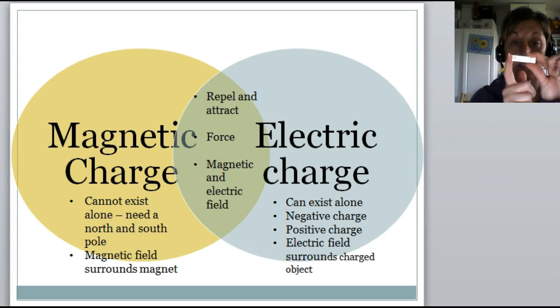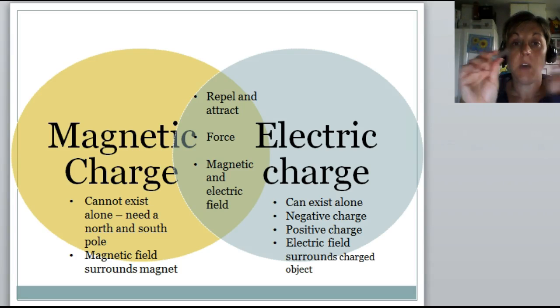It always has a north pole and a south pole, so it can't exist by itself. The magnetic field starts from the north, surrounds the magnet, and then comes back to the south.